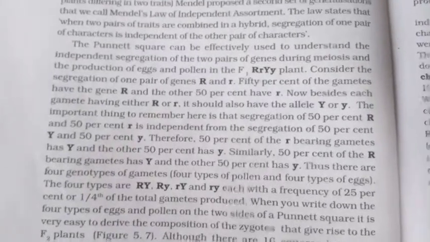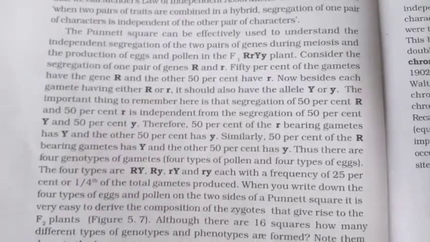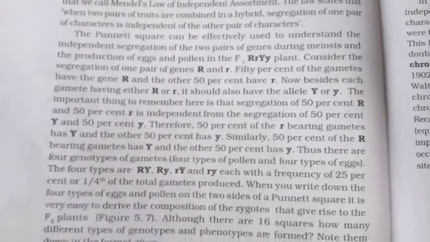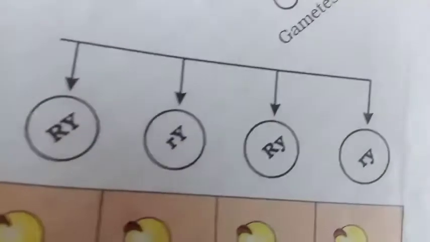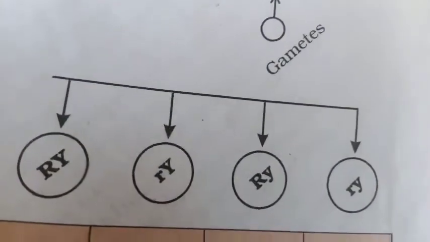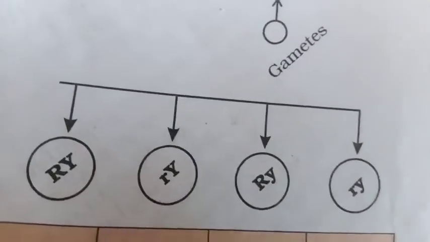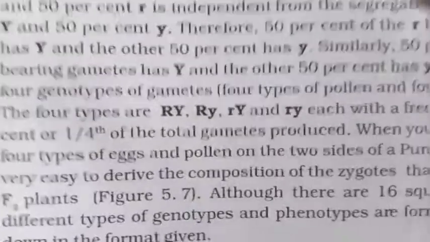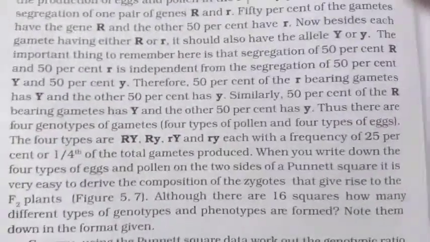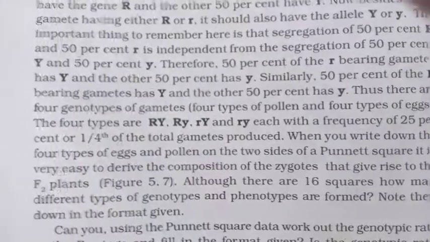Thus, there are 4 genotypes of gametes, 4 types of pollen and 4 types of eggs. As you can see in the Punnett square, the 4 types are capital R capital Y, small r capital Y, capital R small y, and small r small y, each with a frequency of 25% or 1/4 of the total gametes produced.